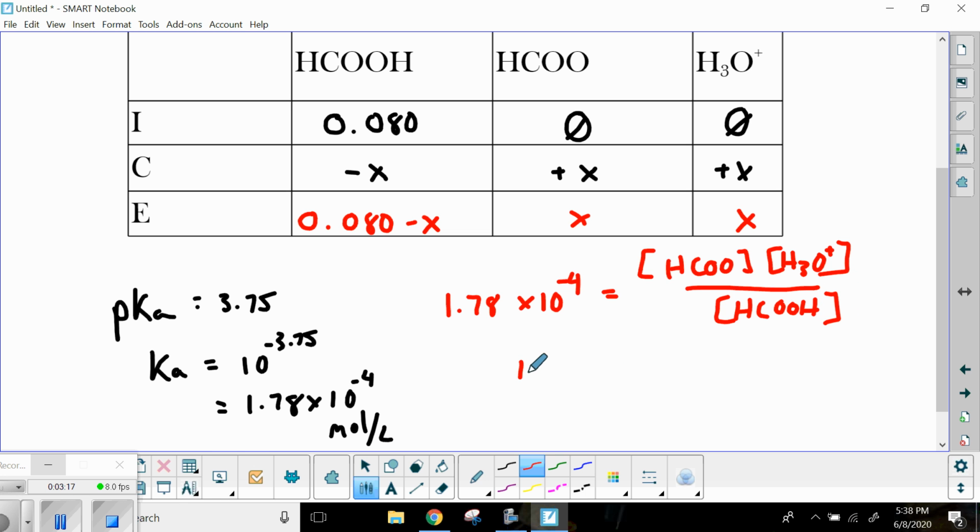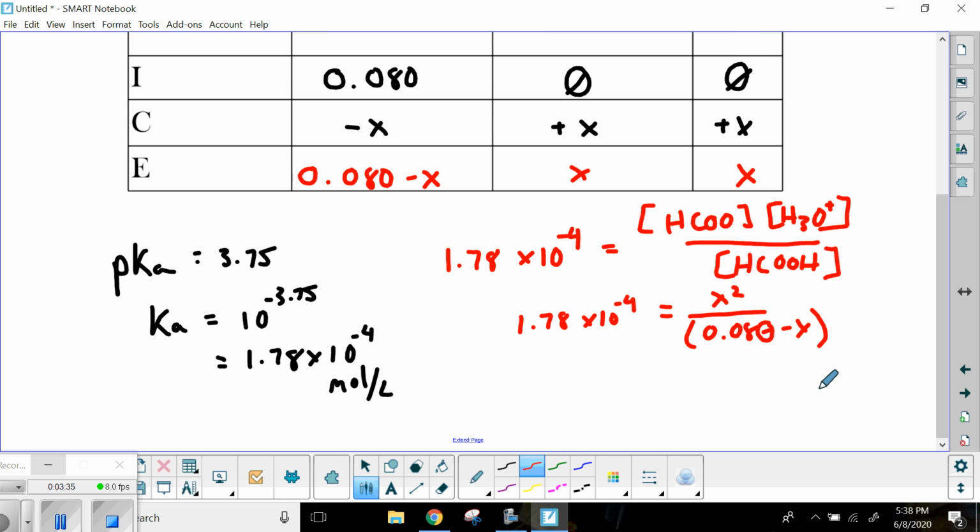Filling in my values, 1.78 times 10 to the negative 4th equals X squared over 0.080 minus X. And you're going to say to yourself, oh my gosh, I've got quite the quadratic equation problem, an algebra problem to solve here in order to figure out what X is going to be.